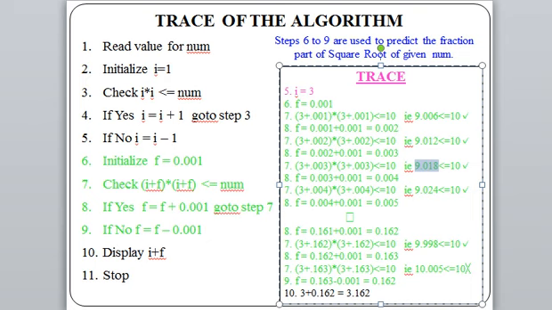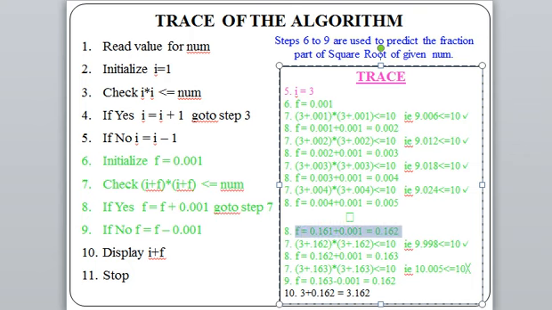Similarly, adding one more, we get f equal to 0.004. We compute 3 plus 0.004 into 3 plus 0.004 to get 9.24. In this fashion, we will proceed for many steps.